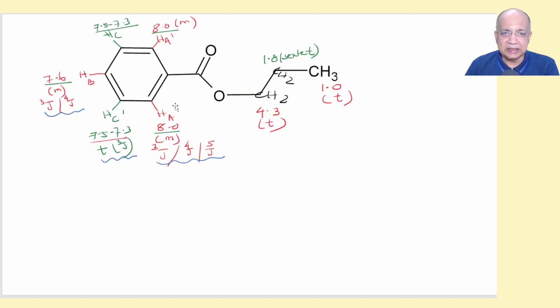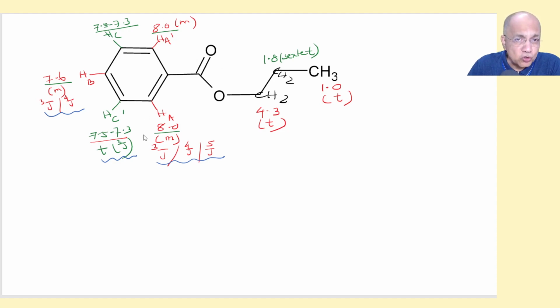So then we have assigned here that the triplet at 1 must be this methyl, the sextet at 1.8 must be the middle CH2, and this CH2 bonded to oxygen will be the most deshielded among the aliphatic region, the 4.3 triplet.